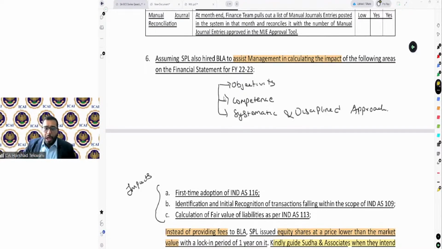How will you ensure whether the internal audit function has competency? Let's talk about the competency. How will you ensure the competency?